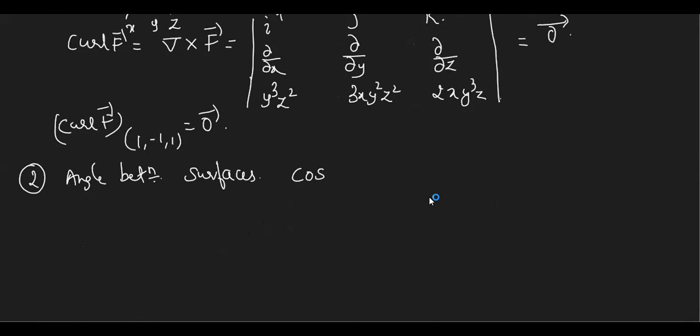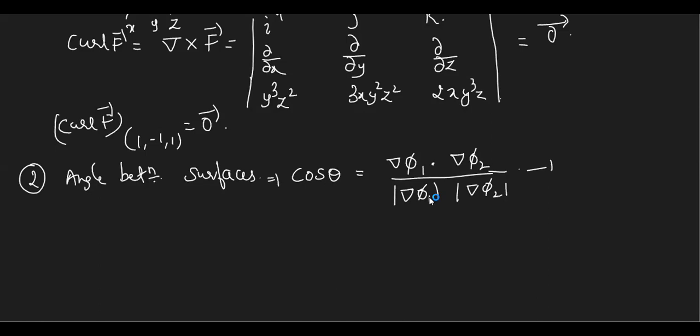If theta is the angle between the surfaces, cos theta is del phi 1 dot del phi 2 divided by magnitude of del phi 1 into magnitude of del phi 2. It is just like A dot B upon magnitude of A into magnitude of B only. Only our A and B are the vectors del phi 1, del phi 2.